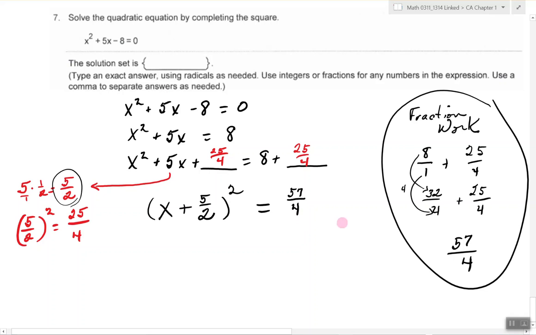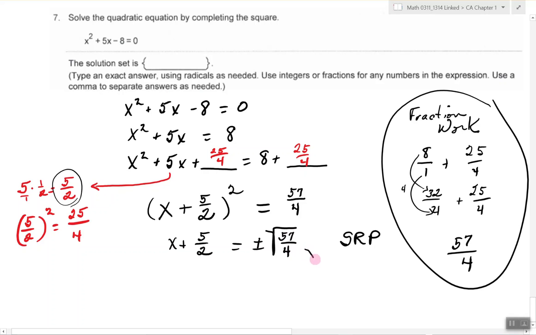All right, now I use the square root property. So I have x plus 5 over 2 is equal to plus or minus the square root of the fraction 57 over 4.